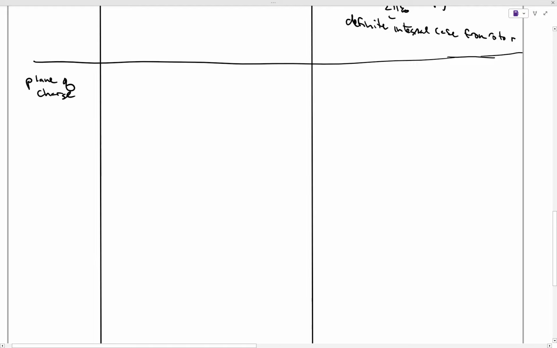Really, we're going to focus on the two planes, like the parallel plate configuration. But this is the plane of charge. Let me label it this way: plane of charge, two plates or parallel plates, slash constant E. This is the main pertinent thing.